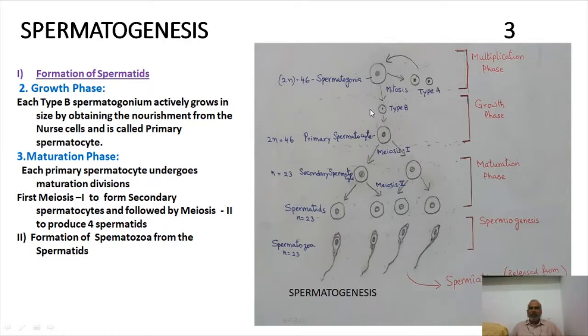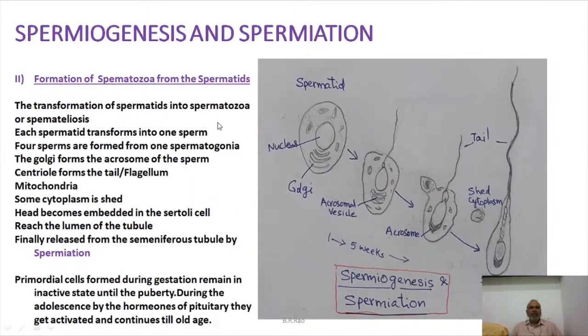I have already explained this. Let us see the next phase, called spermiogenesis. What is spermiogenesis? Formation of spermatozoa from the spermatids. How do the spermatids transform into spermatozoa? The transformation of spermatids into spermatozoa is called spermiogenesis.